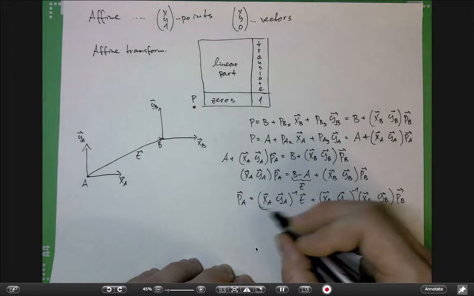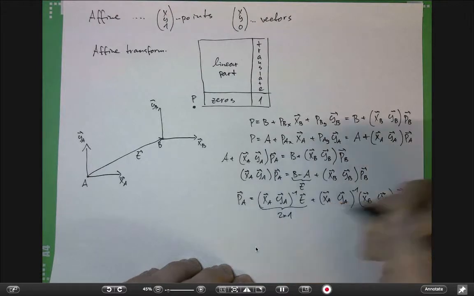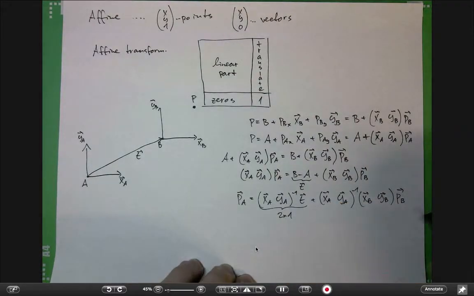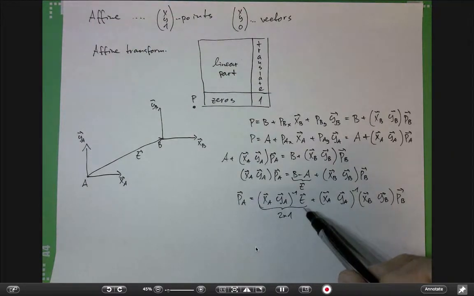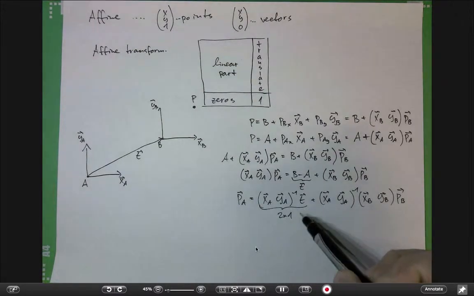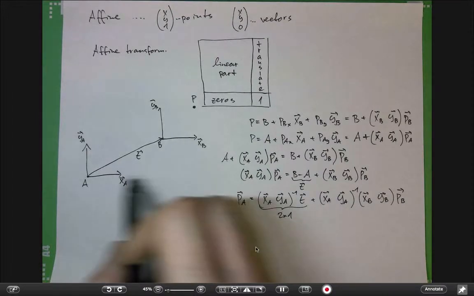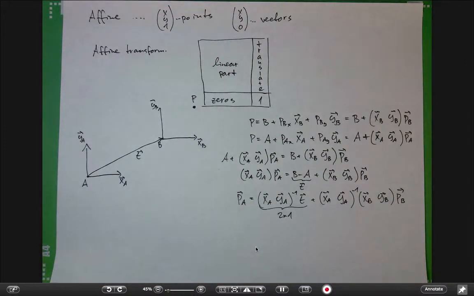So this is just a 2x1 vector, or just a two-dimensional vector. It's good to think about what this means. Those are the coordinates of the vector T with respect to the basis A. That's what the inversion means.